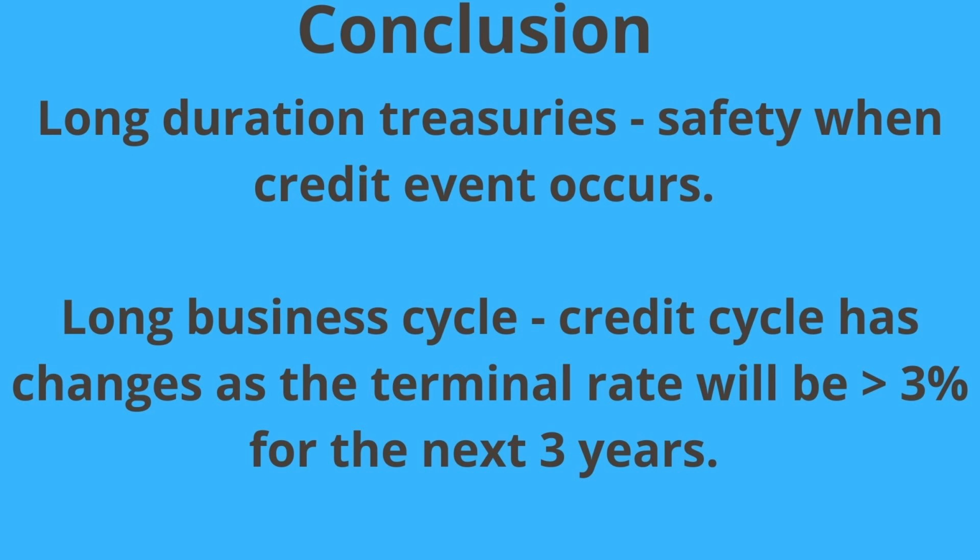And when the market is extremely short in long duration treasuries, we have an environment ready for the US 30-year treasury to run up, because of safety, because of net short positioning, and because of higher for longer.